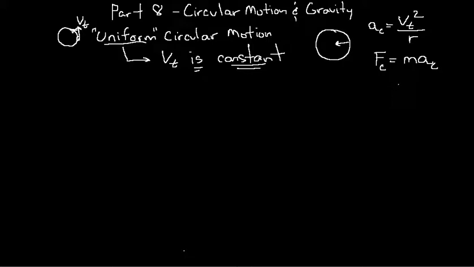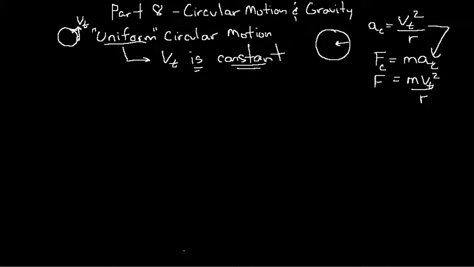And one of the problems on the test last time said to take Newton's second law and use substitution to come up with the centripetal force. So we just needed to take the expression for the acceleration and plug it in there to find that the centripetal force is mv squared over r. This is the tangential velocity.